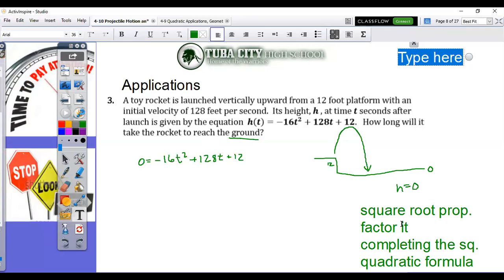Now, you could try to factor it, but in this case, it's not going to factor well because my c value is very small compared to my middle number. And if we try to use the double bubble, or as I call it, the LOIF method that we've been using, it's not going to work.